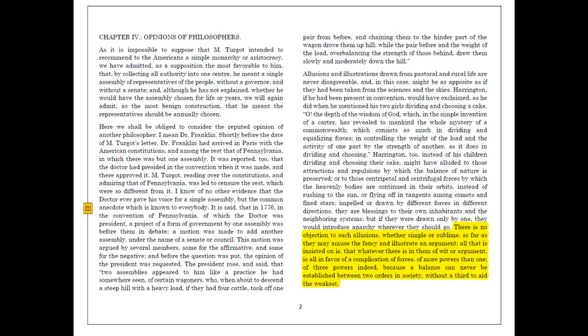Well, that's a very Rousseauian idea, if you remember the general will, collecting all authority into one center. Adams deduces from that he must be asserting a unicameral legislature, a single assembly of representatives of the people, without a governor, without a senate, etc. In other words, very much like the Pennsylvania model that we discussed in Module 8.